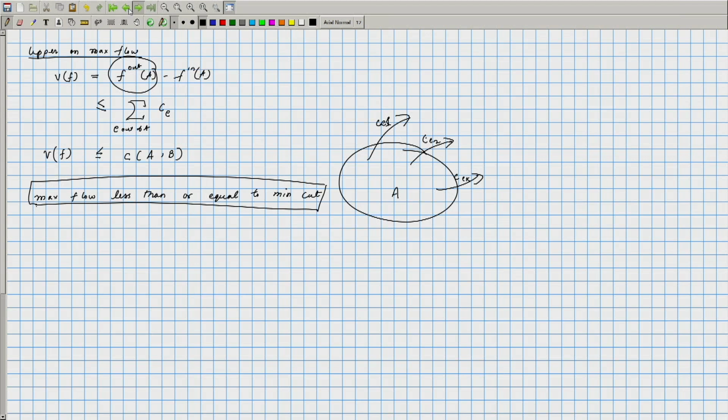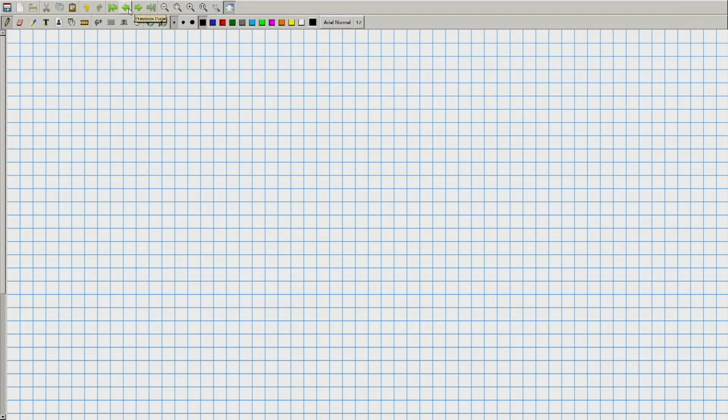We will need some additional concepts, so we will define what is called a residual graph. Before we do that, let us motivate this concept through an example.